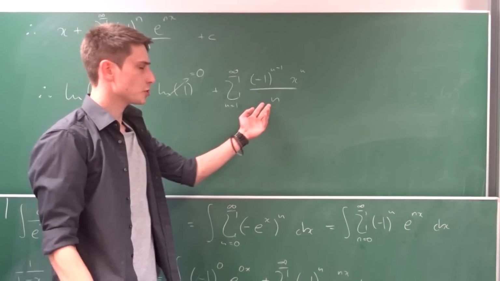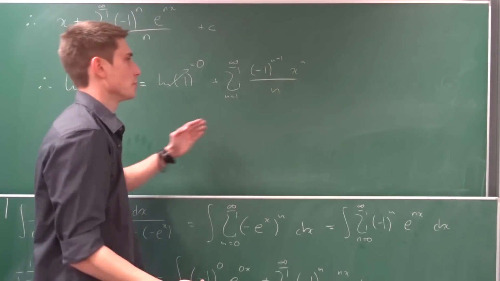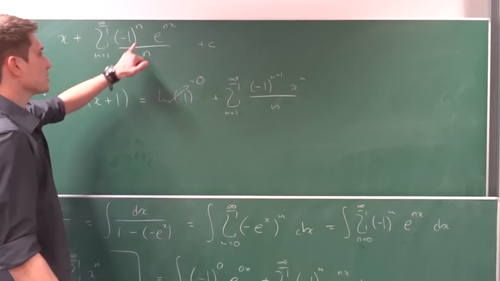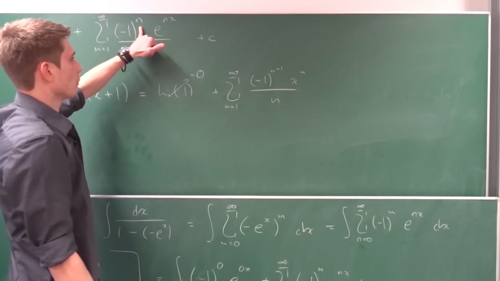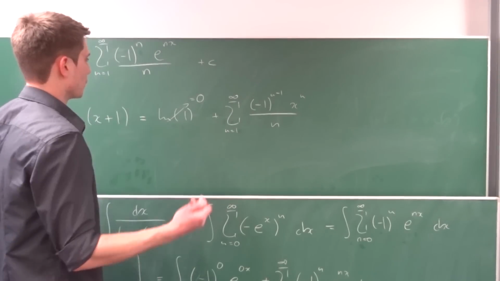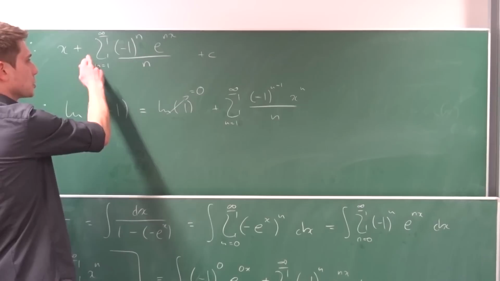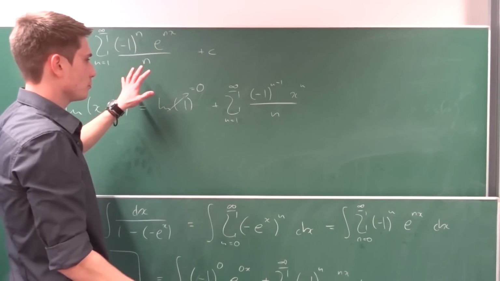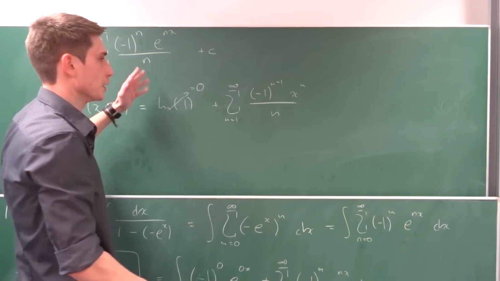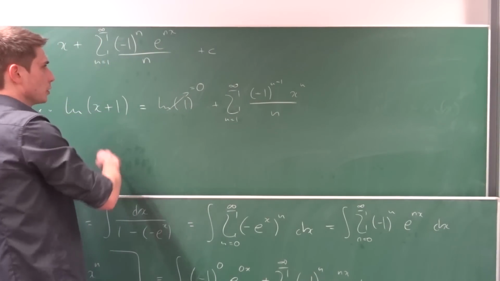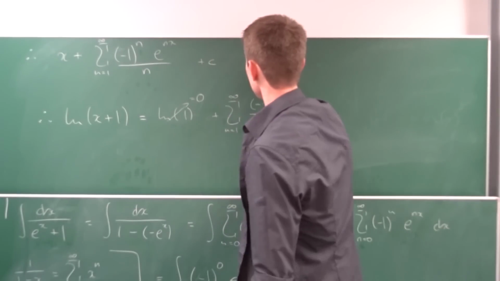And this right here is nearly everything we need. The only thing is we have a minus 1 to the nth power right here, so that's not good. How can we fix that? We can factor out a minus 1, and we would end up with this right here, with the natural log. So let's conclude.